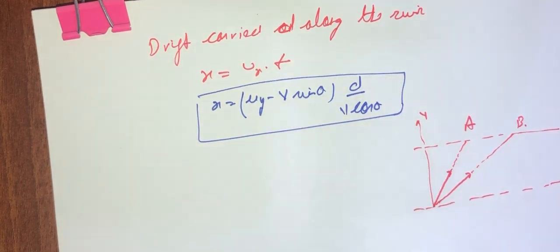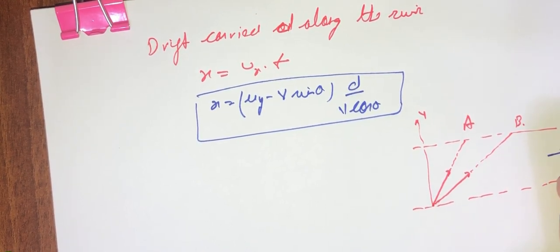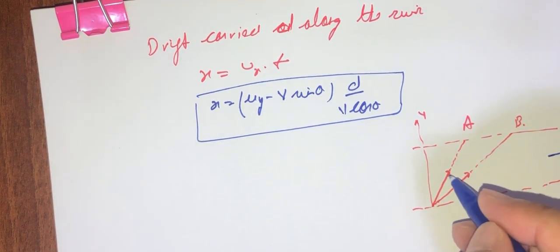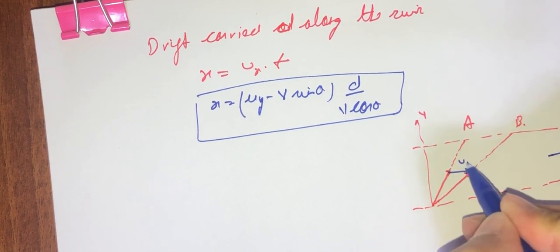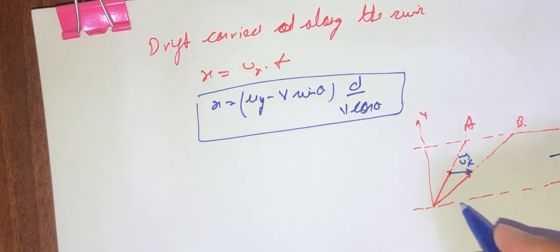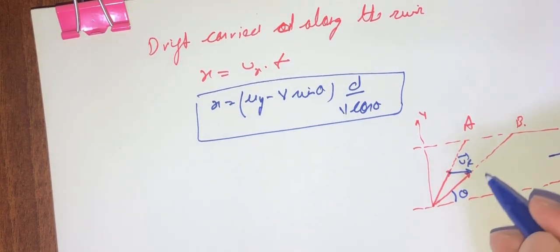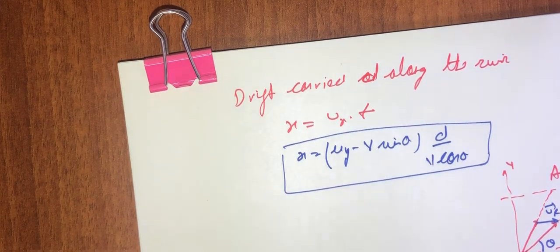So if you call this the velocity of the river VR, the net will be VR at an angle of theta. We can write this as the same thing but in a different way of representing.